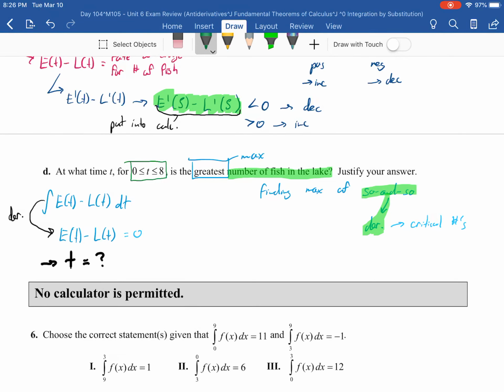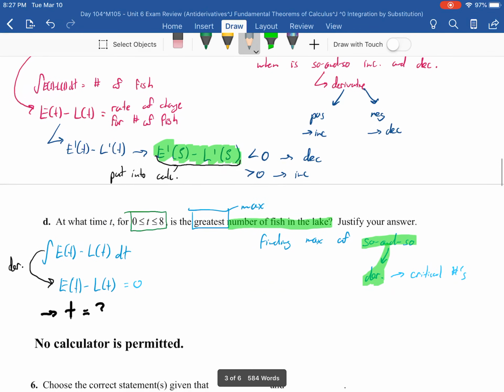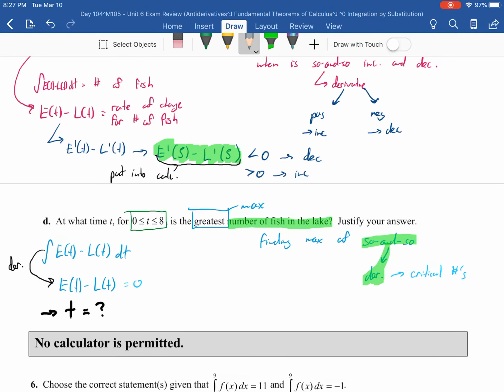Just to review from part B, the expression that gives us the number of fish in the lake is the integral expression. The integral expression gives us the number of fish. So we would want to find the number of fish at this t-value.